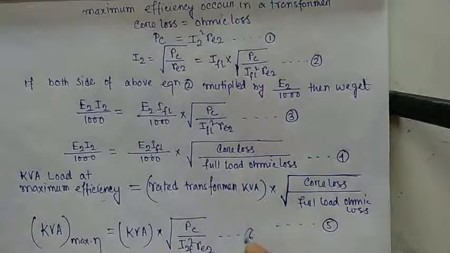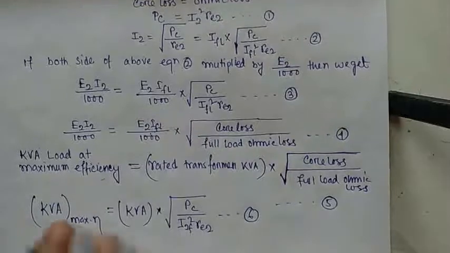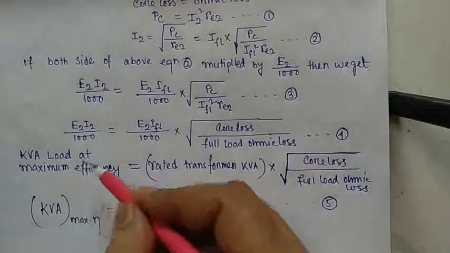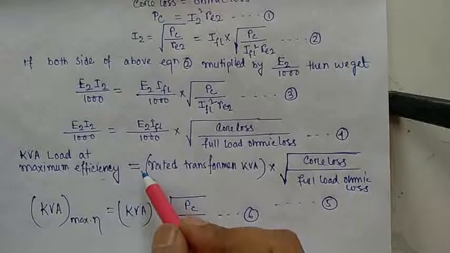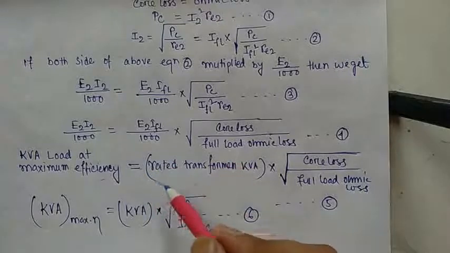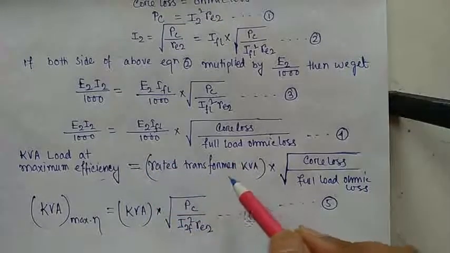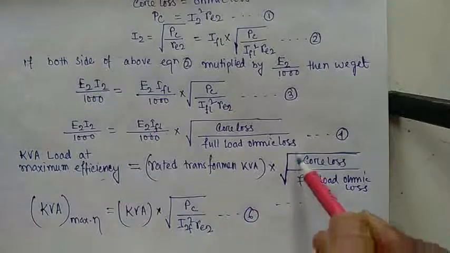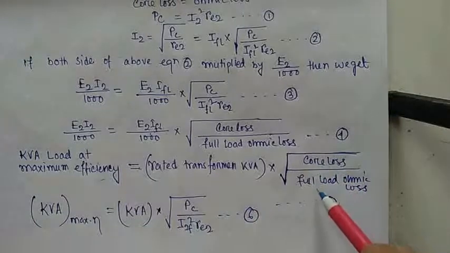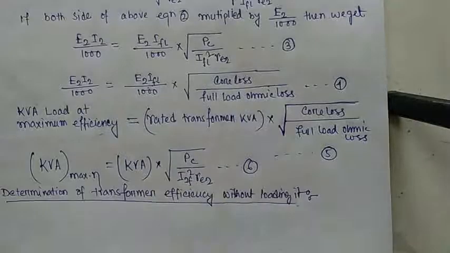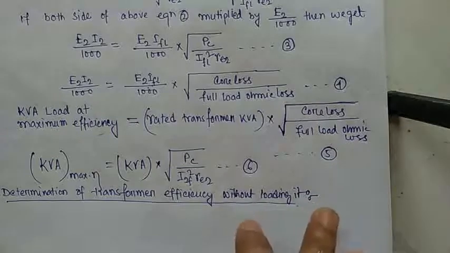This equation is very important. That is, KVA load at maximum efficiency is equal to the rated transformer KVA into the root of core loss by full load ohmic loss. Now, how to determine the transformer efficiency without load?